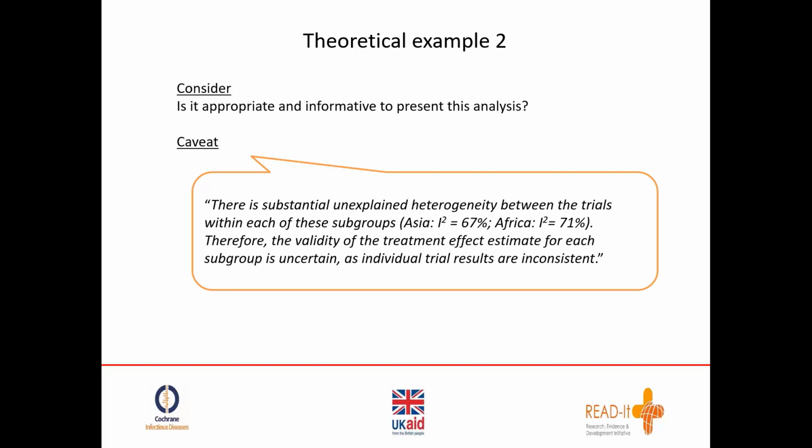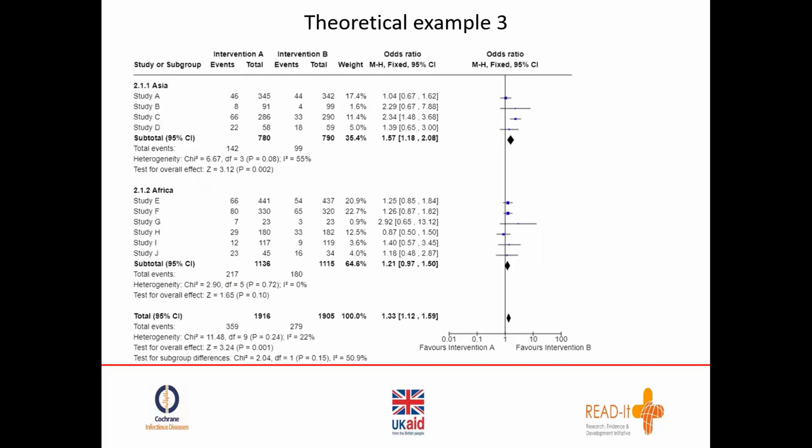So you could say something like, there's substantial unexplained heterogeneity between the trials within each of these subgroups, and therefore the validity of the treatment effect estimate for each subgroup is uncertain, as individual trial results are inconsistent. So that's if you did present it, but you could decide to not present it.